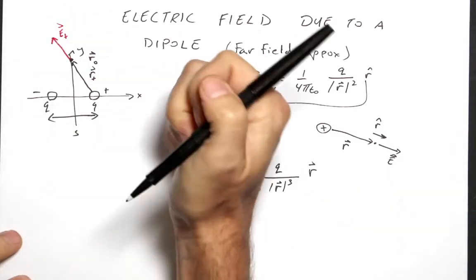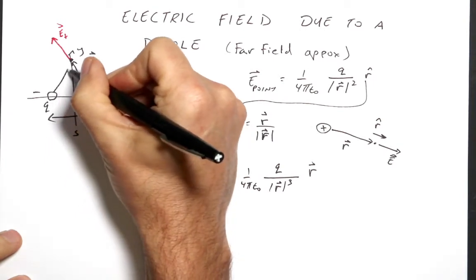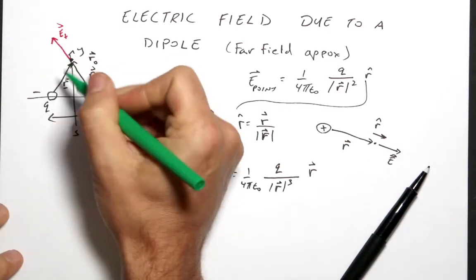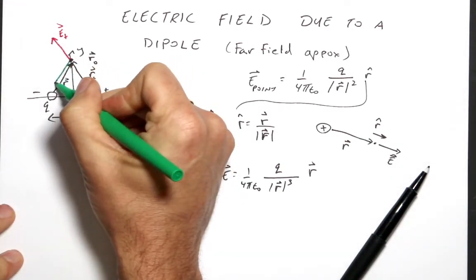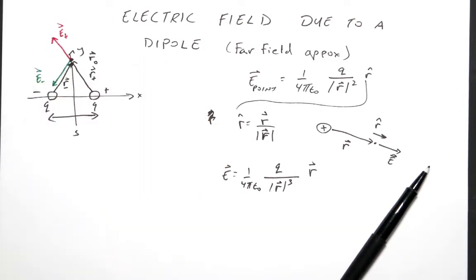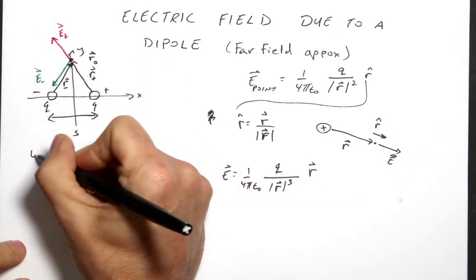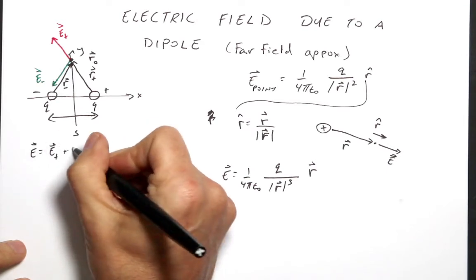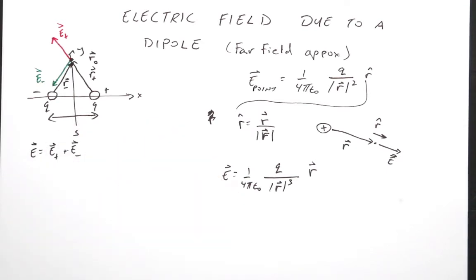I need to find r minus. And then from that, I can find E minus, which is actually going to be this way. And then the total electric field, E, is going to be E plus plus E minus. I was going to do those in different colors, but I just forgot.